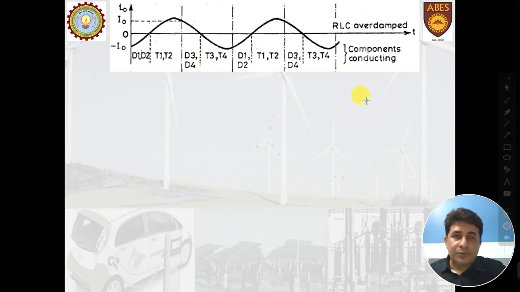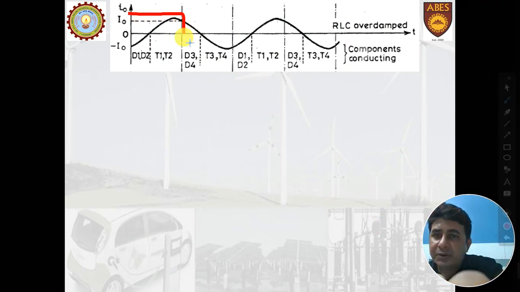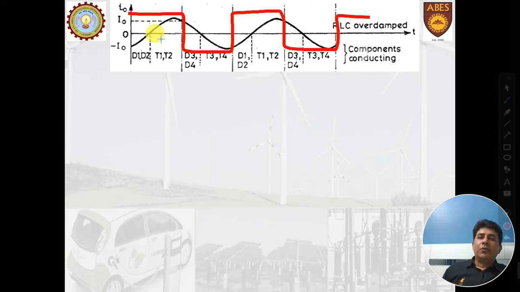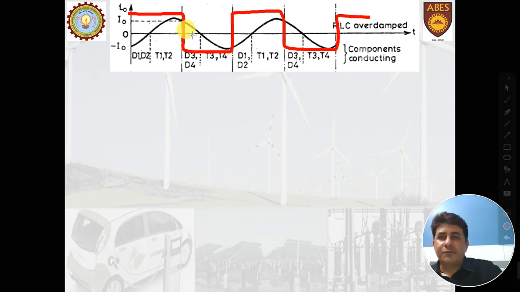Let me draw the voltage waveform so that we need not go back. This is the voltage waveform. Now in this voltage waveform, during this time the voltage is positive. However, from this point till this point, the current is negative. Why is this current negative?